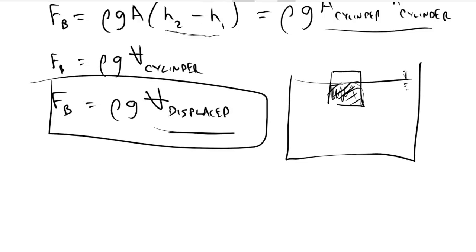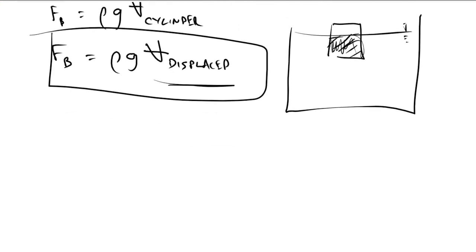of the fluid. We could take it a step further here, though, because remember that density is equal to mass per volume. So then we could say the density of the fluid would be equal to the mass of the fluid divided by the volume of the fluid, right? The volume of the fluid displaced.